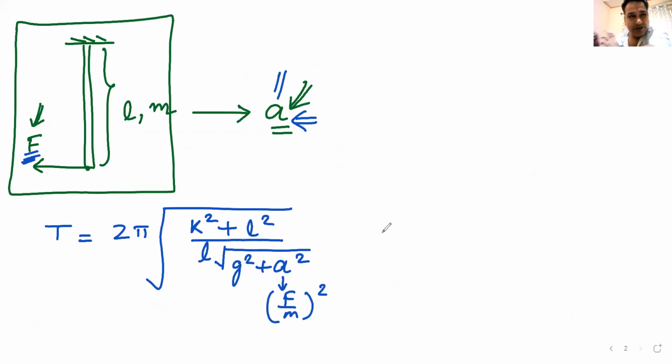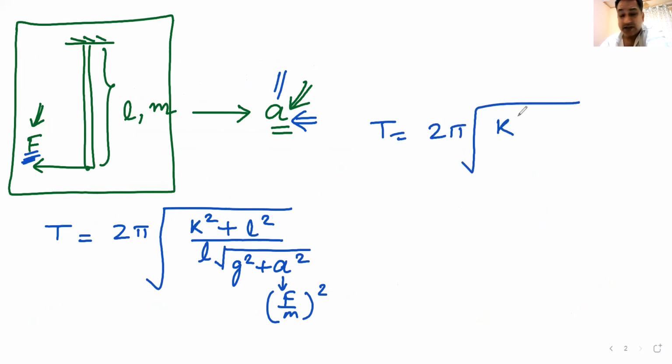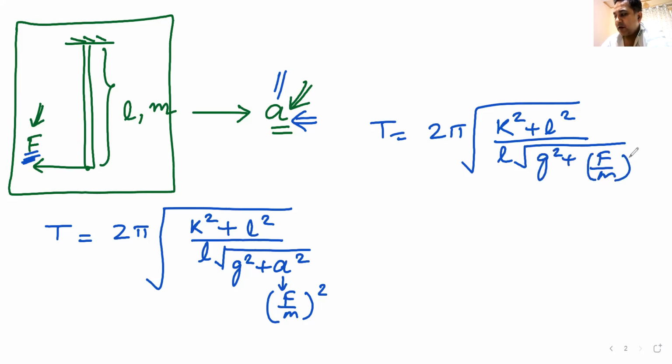Now it looks like a completely new problem. Time period of this compound pendulum will be equal to this one. K is the radius of gyration in this case. T equals 2 pi, k square plus L square by L into root over g square plus F by m whole square.